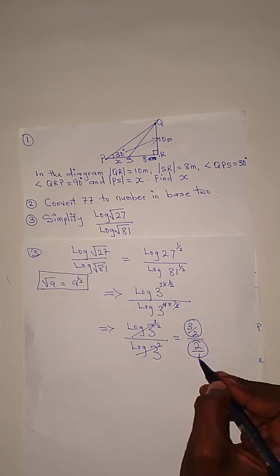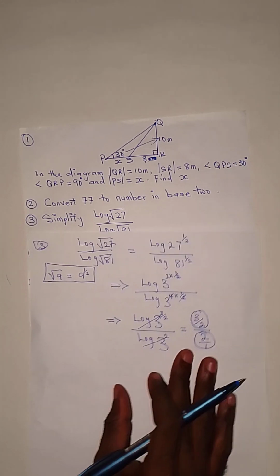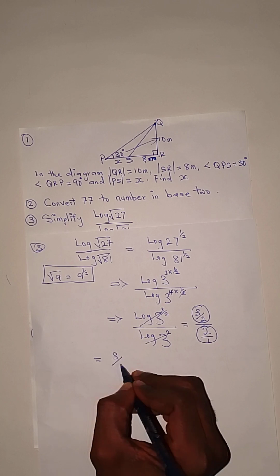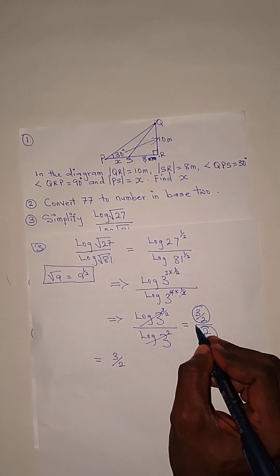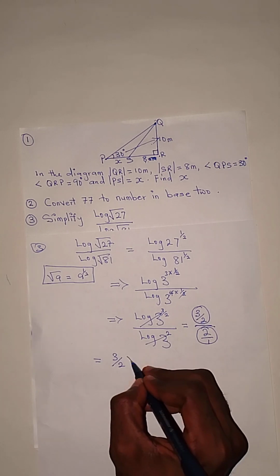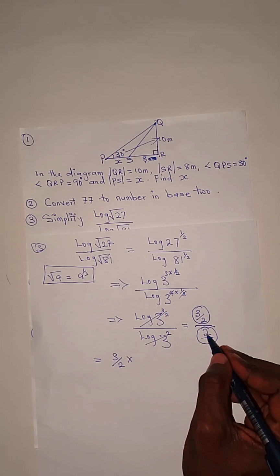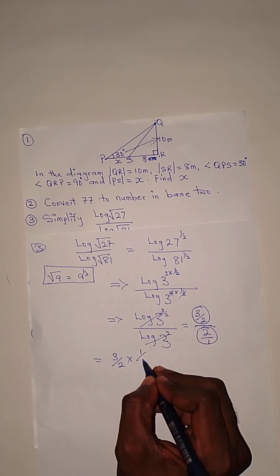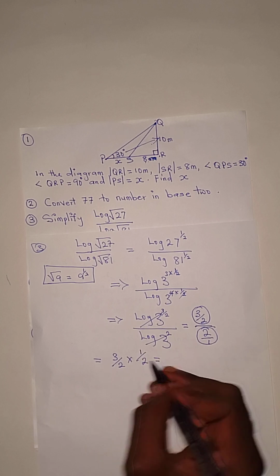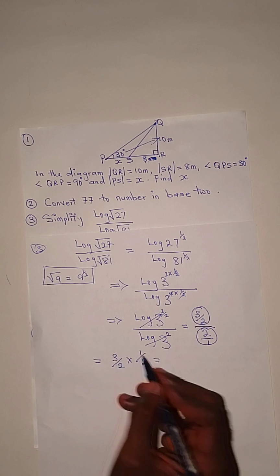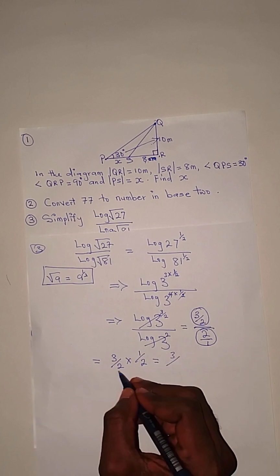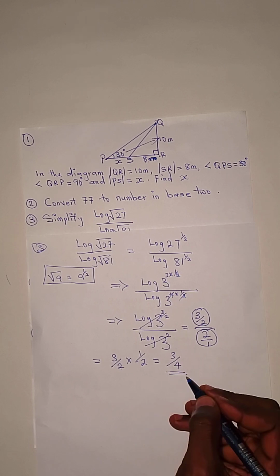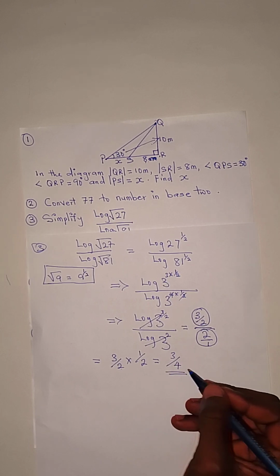Now fraction divided by fraction, this is what you are going to get. We are going to have 3 all over 2. Now this division sign here will turn to times, then 1 will go up, 2 will come down. So that will give us 1 all over 2. So we can multiply 3 times 1, which is 3 all over 4, 2 times 2, which is 4. So that is our answer.